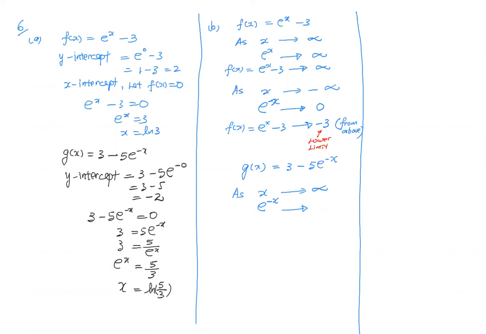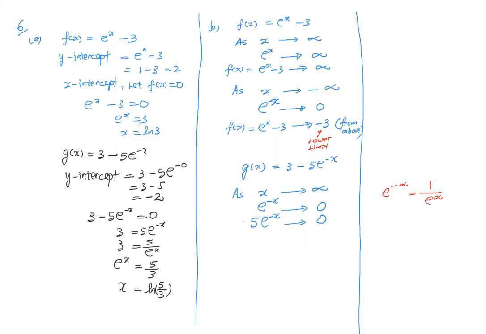E to the power of negative infinity. 0. Yes, 1 over e to the power infinity, so it approaches 0. So what happened to 5e to the power of negative x? Definitely will approach 0 also, correct?